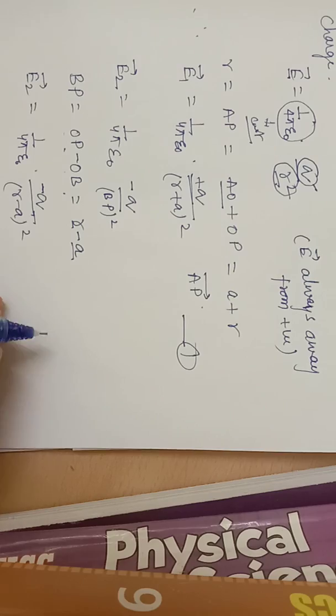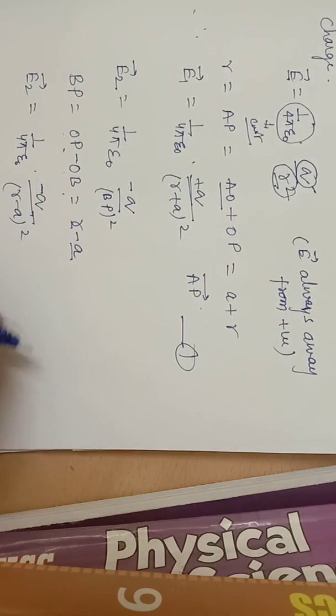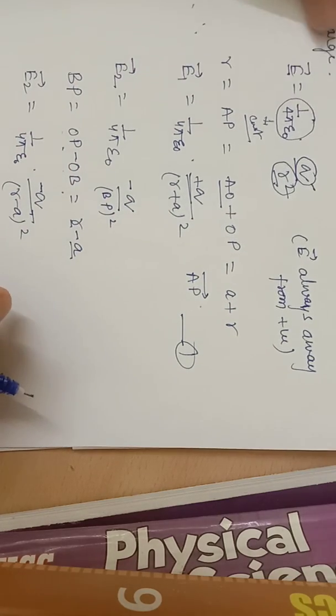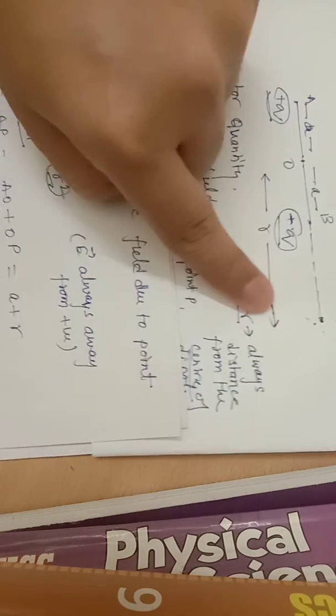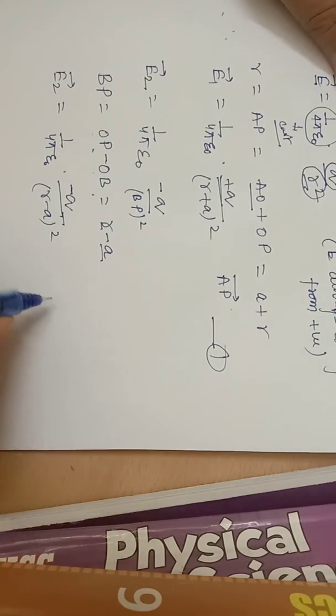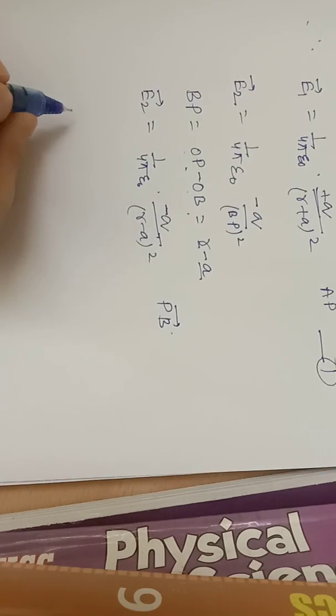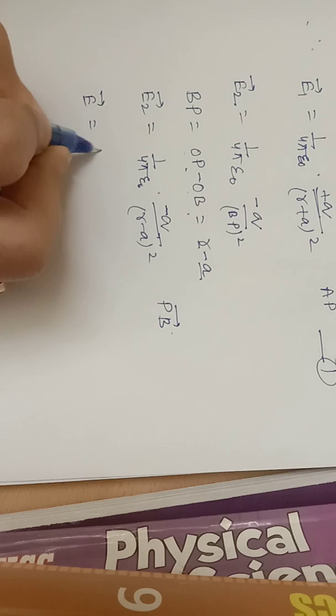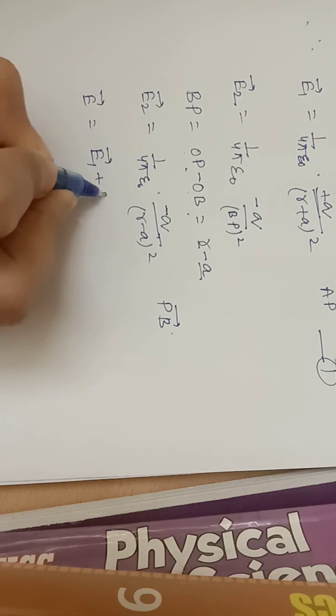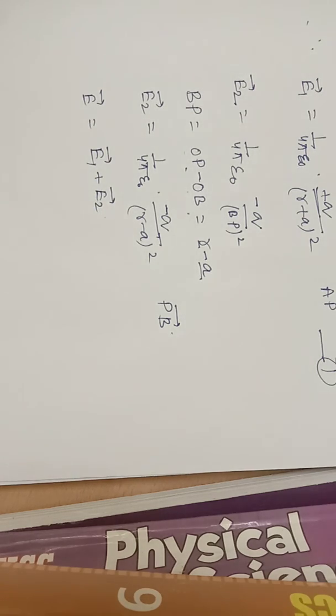Since it's negative, the direction will be away from positive and towards negative, that means from P to B. Now what is the task? Total E will be vector E1 plus vector E2 along with the direction.